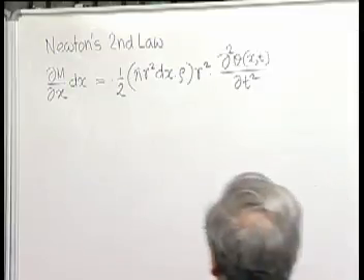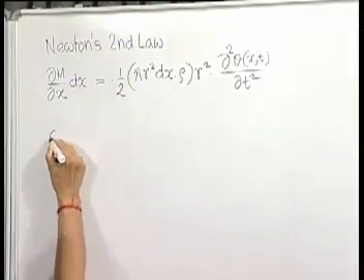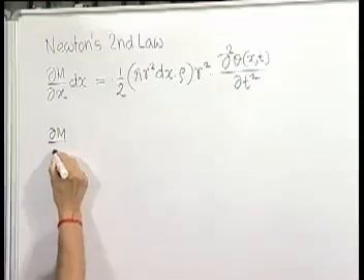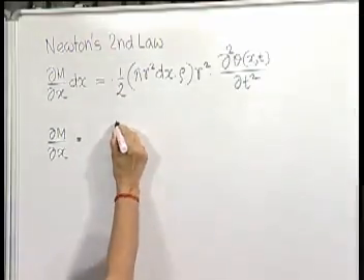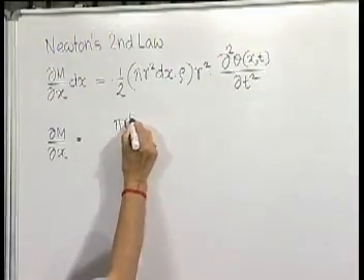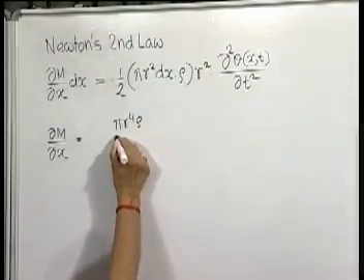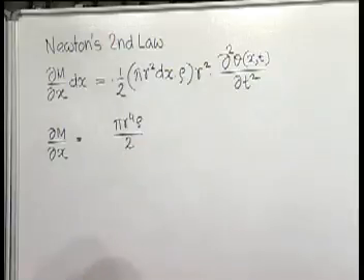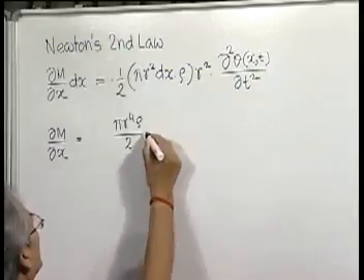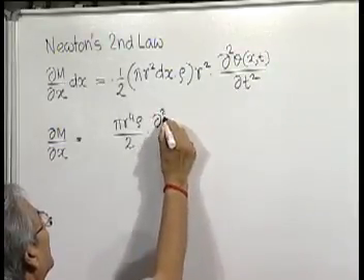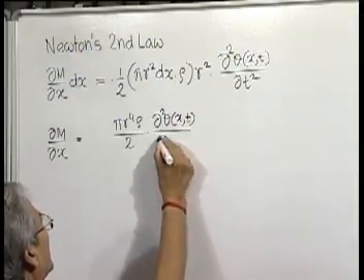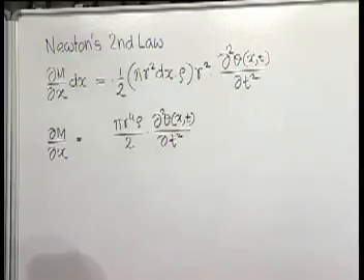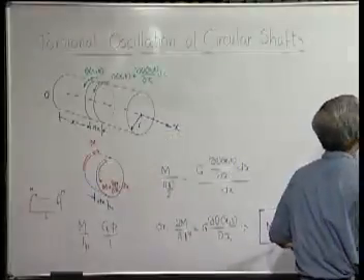So, from this we get dx dx cancel, so pi r to the power 4 rho by 2. Now m is this.